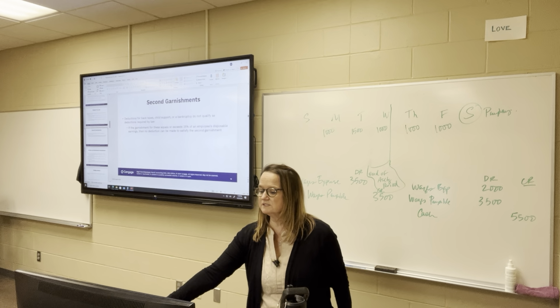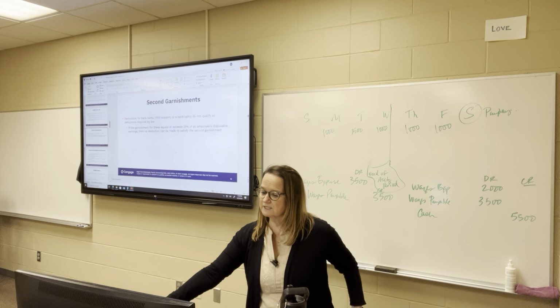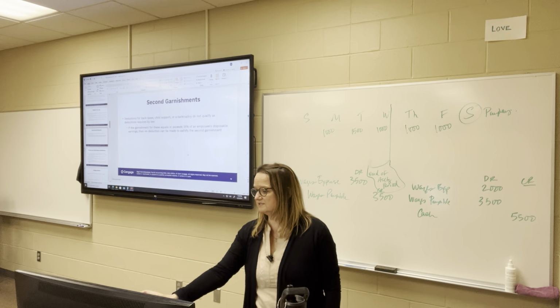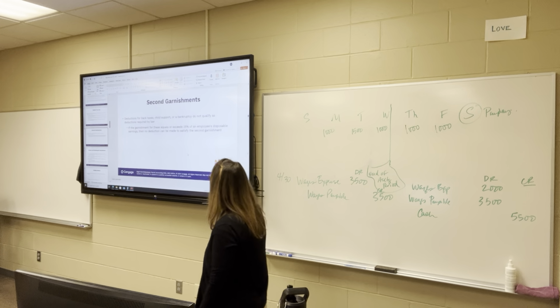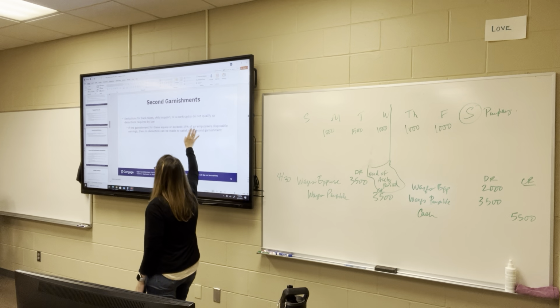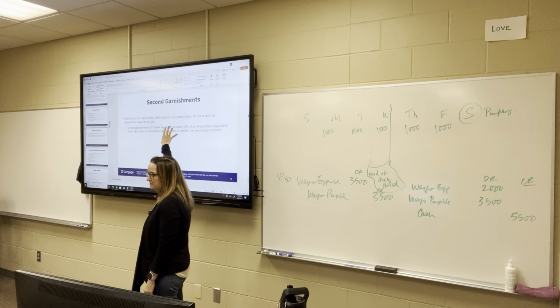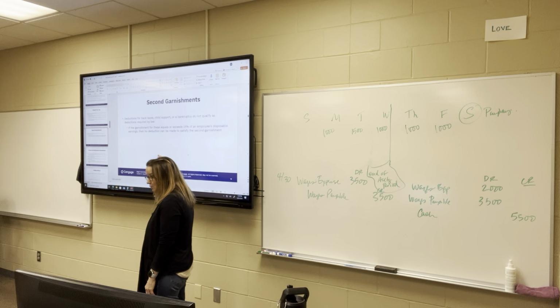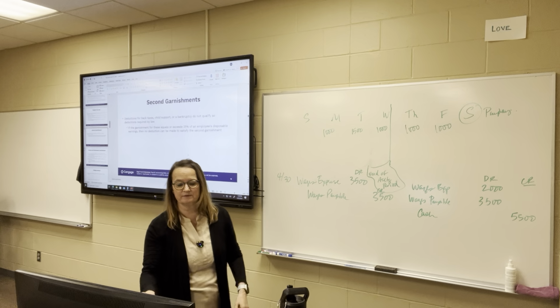If the garnishment for these equals or exceeds 25% of an employee's disposable earnings, no deduction can be made to satisfy the second garnishment. So all of these come first. If that equals 25% and somebody still has maybe a student loan garnishment order, they can't take it. They can only take the amount that they've taken for these.